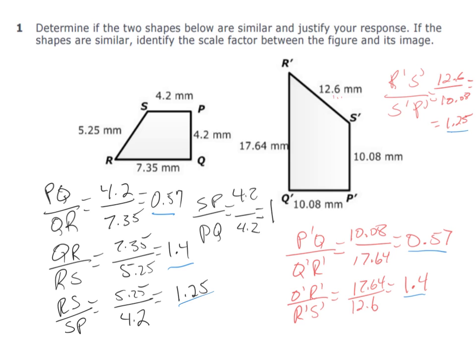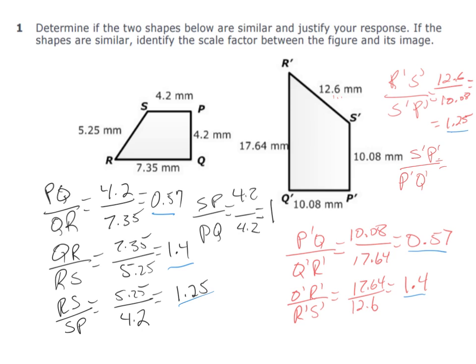So I have S prime, P prime, and that's divided by P prime, Q prime.